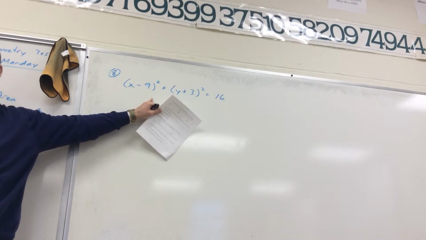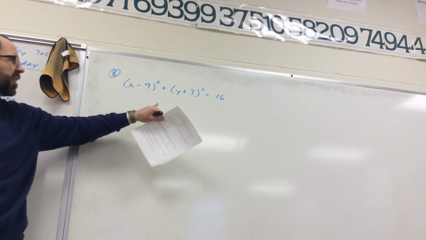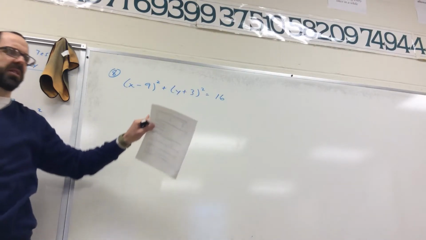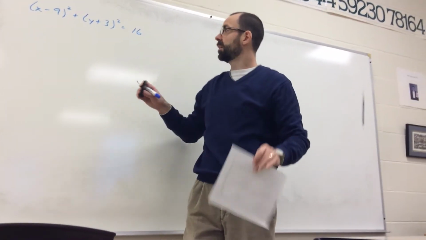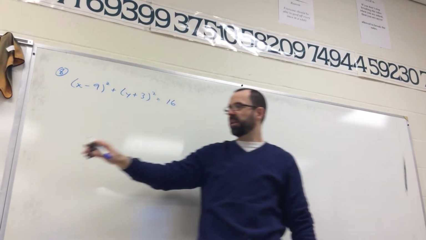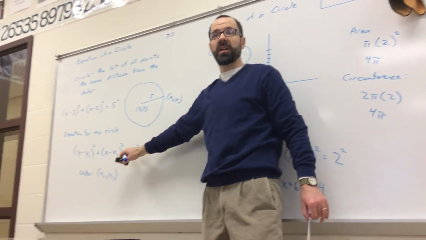And then they're going to ask some questions about it. There's a couple things that are kind of weird with this equation. What are they doing? Yeah, the x's and the y's are switched. The template I gave you has the y's first and then the x's.